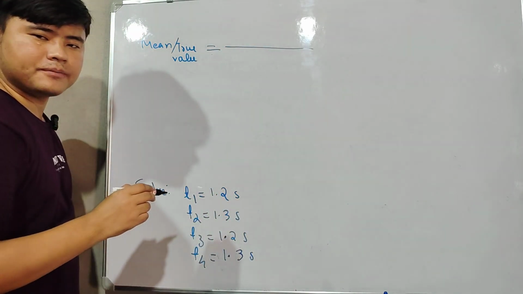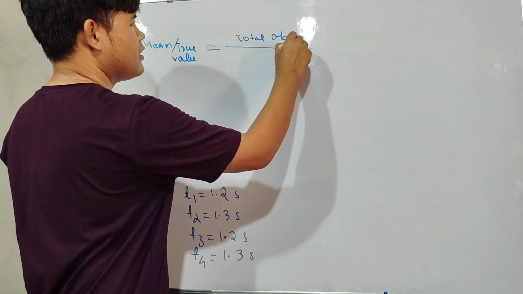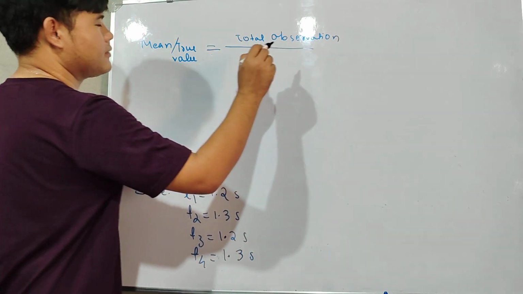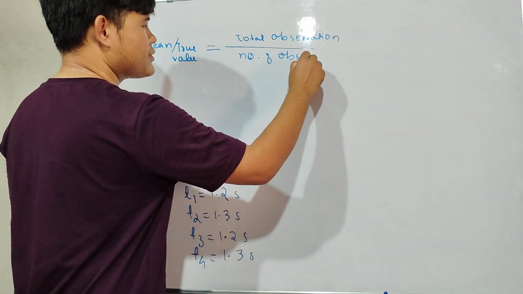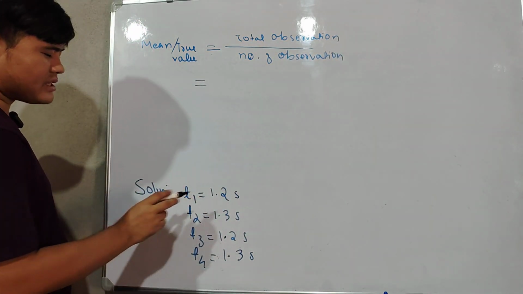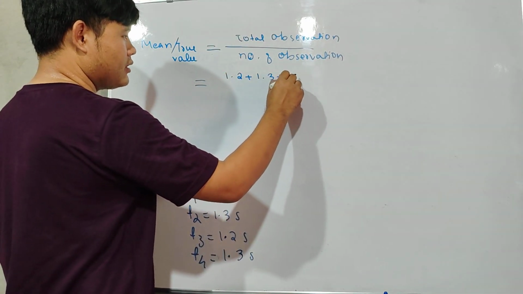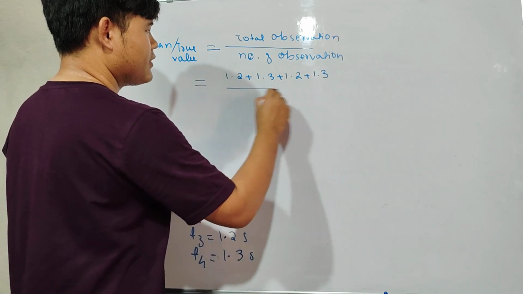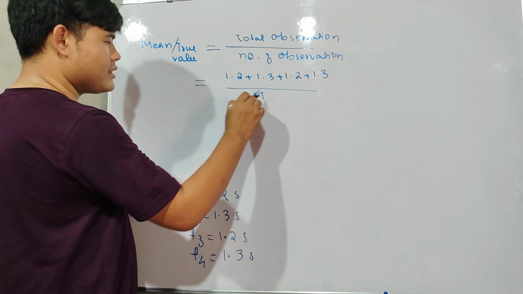The mean formula is total observation divided by number of observations. This one we have done in our lower class. The total observation is 1.2 plus 1.3 plus 1.2 plus 1.3. How many observations are there? There are 4 observations: 1, 2, 3, 4.